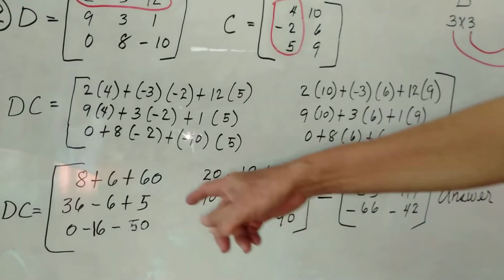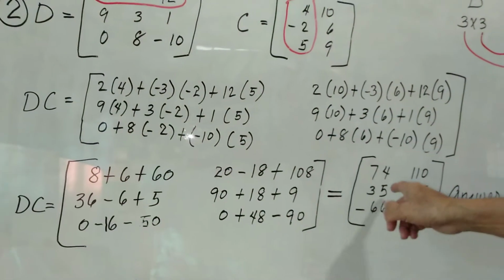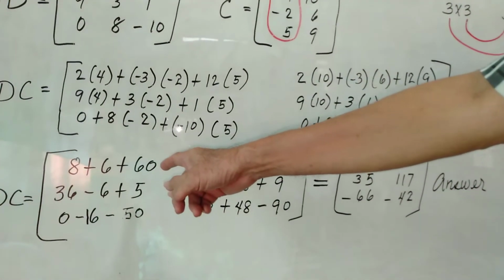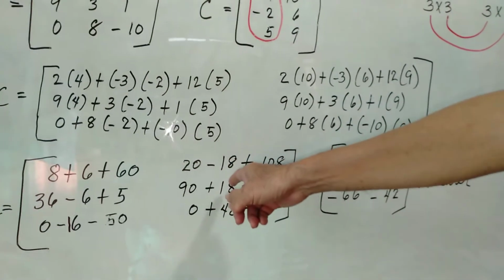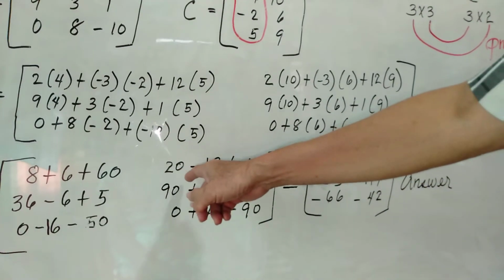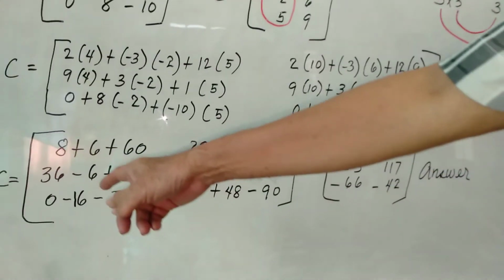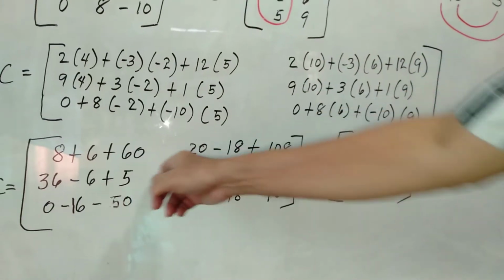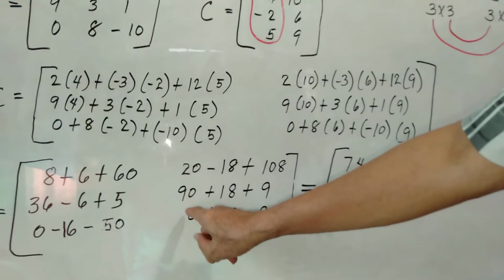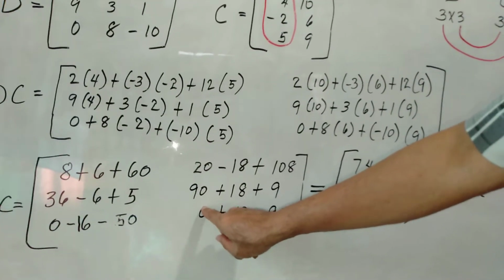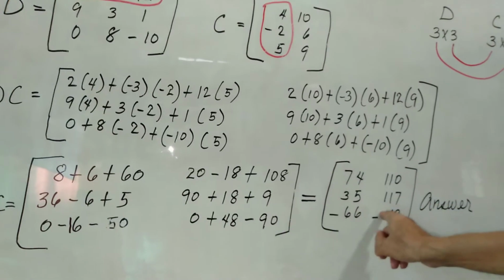So this one is 8 plus 6 plus 60, which is 74. This one is 20 minus 18 is 2, plus 108 is 110. This one is 36 minus 6 is 30, plus 5 is 35. 90 plus 18 is 108, plus 9 is 117.